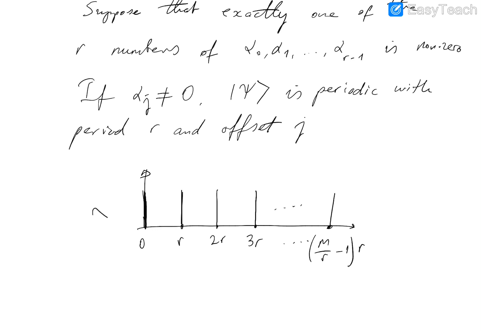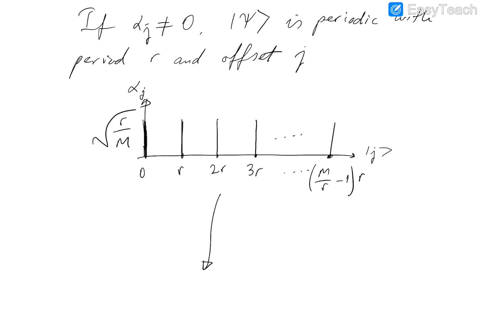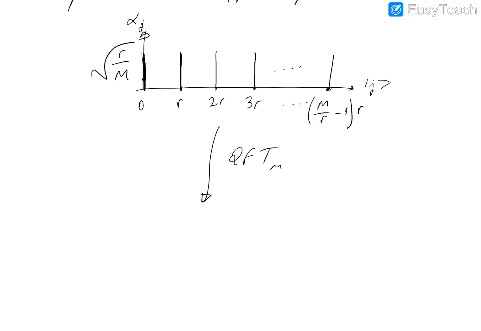Each has amplitude square root of r over m, so they have equal amplitudes. This is of length m, so that's why we have square root r over m as the amplitude.